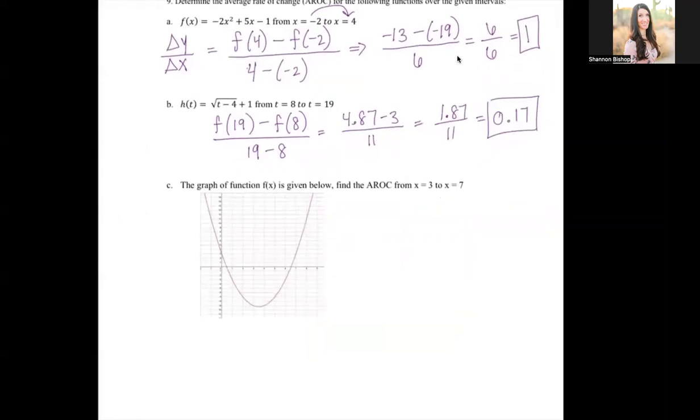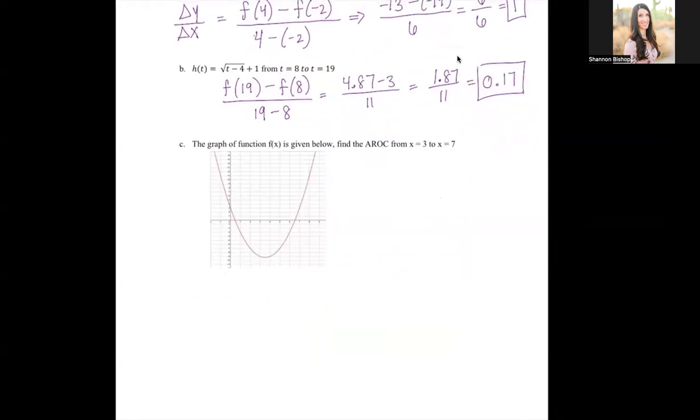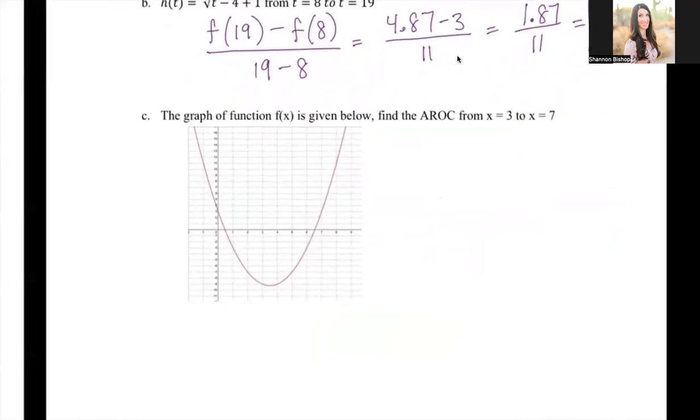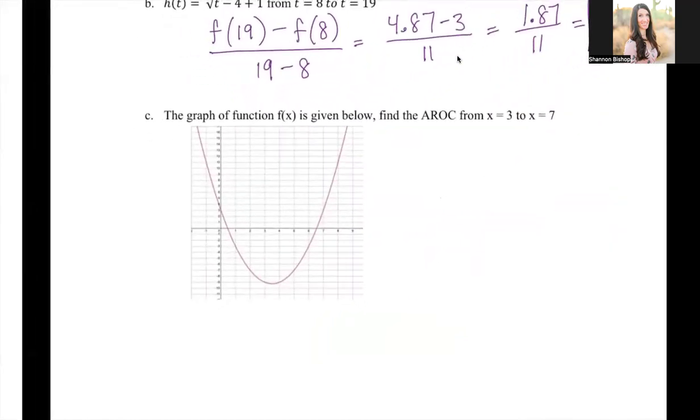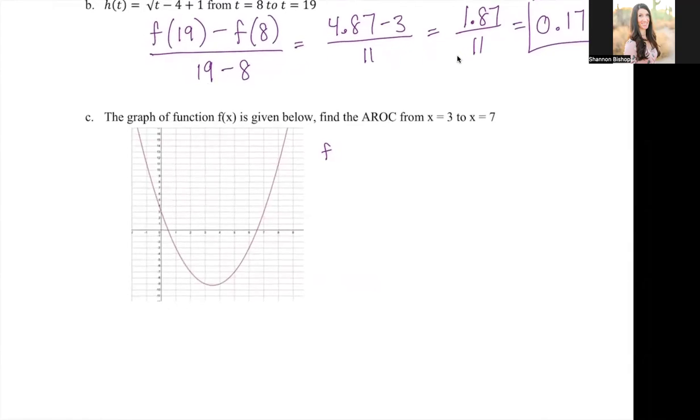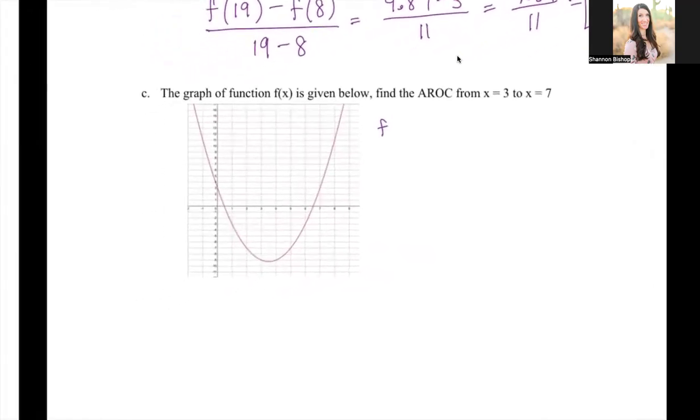Last but not least, finding the AROC from x equals 3 to x equals 7, and this time we're given a graph. So when you're looking at the graph here, an x value of 3 is right here. But again, we're going to need the function value at 3. And again, we're going from 3 to 7. So let's just see.